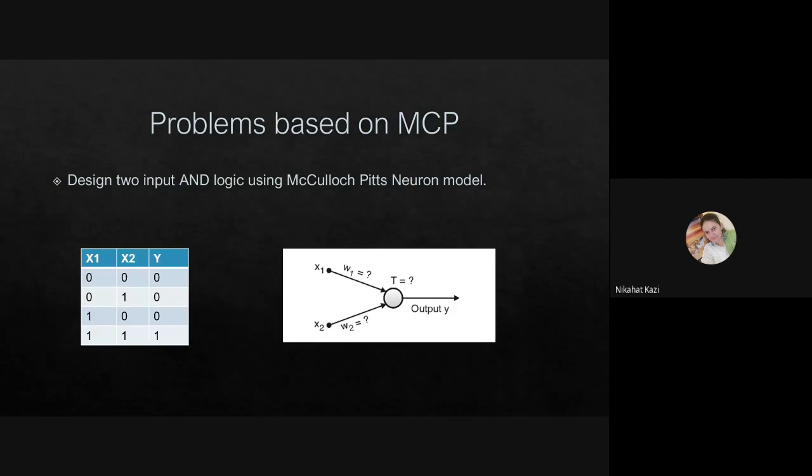When you are solving these problems for the McCulloch-Pitts neuron model, first you need to formulate the problem in terms of binary logic, so you will have a truth table. Then from this truth table, you need to decide what the weights are and what the threshold of the neuron is.